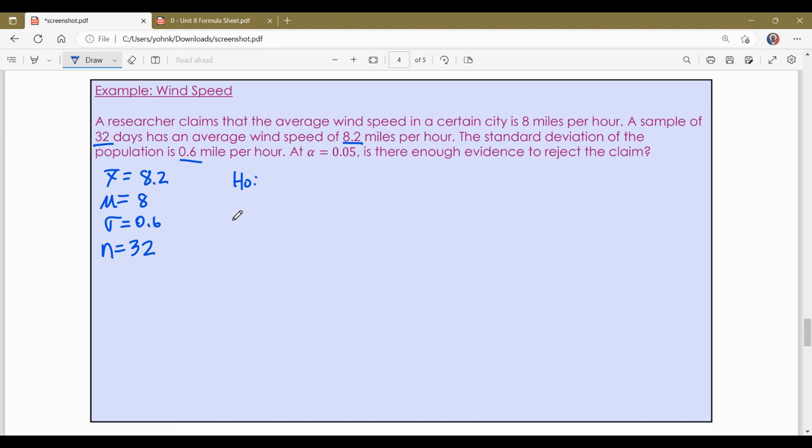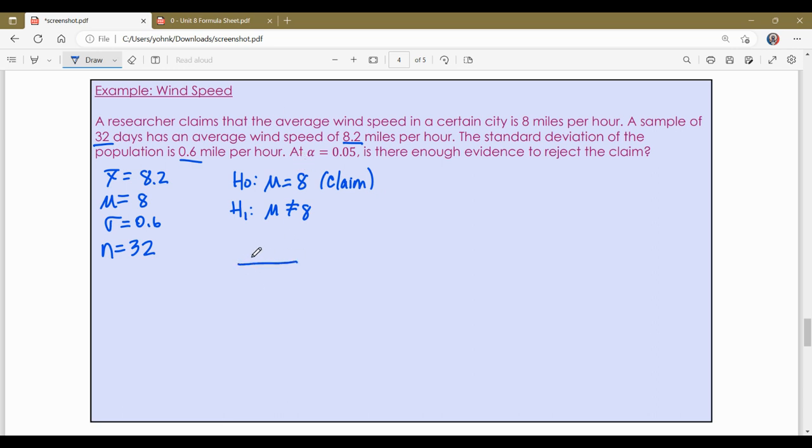So we have our null and our alternative hypothesis. We are dealing with means, so mu's. We have mu equals 8 as our null hypothesis, and our alternative hypothesis is, well, it doesn't really say greater than or less than, so we're going with not equal to. And notice this time that our claim is the null hypothesis.